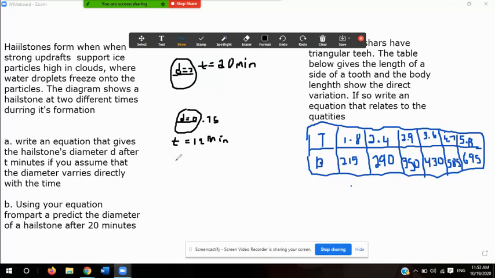Remember that in our direct variation equation, y equals a times x, where a is a constant of variation, meaning that whatever number a is when I find it, it's not going to change throughout the duration of the problem. When you have direct variation, y varies with x.